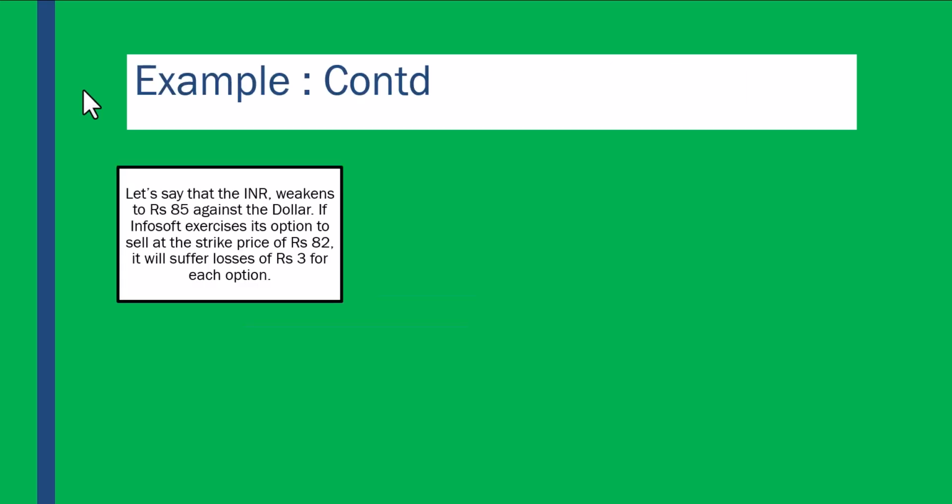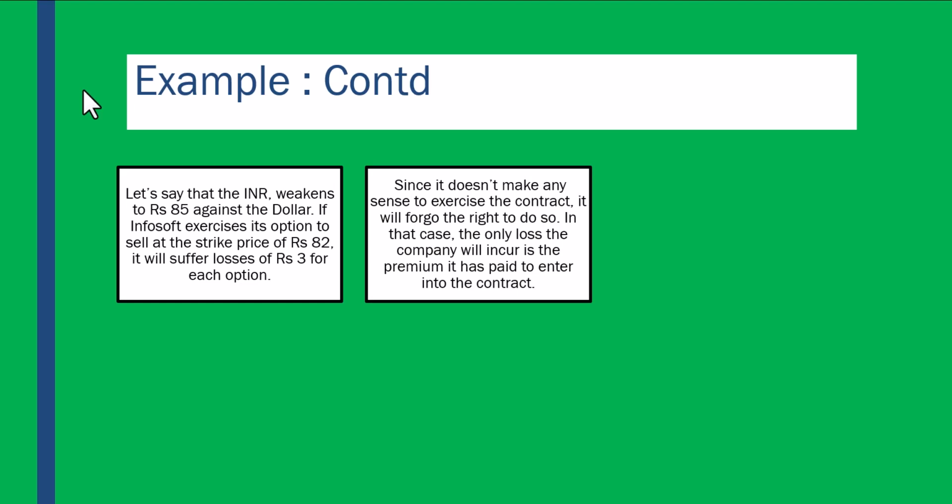Let's say the INR weakens to 85 against the dollar. So here the dollar is appreciating. If Infosoft exercises the option to sell at the strike price of 82, it will suffer a loss of 3 rupees, which they can't do. Since it does not make any sense to exercise the contract, it will forgo the right to do so.